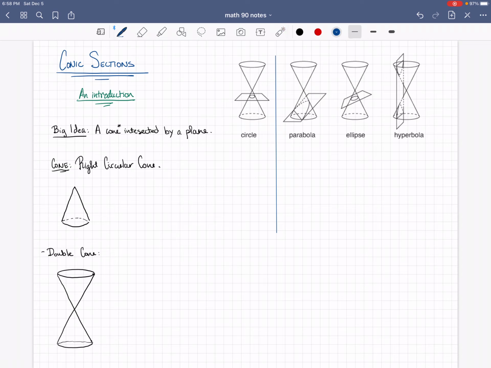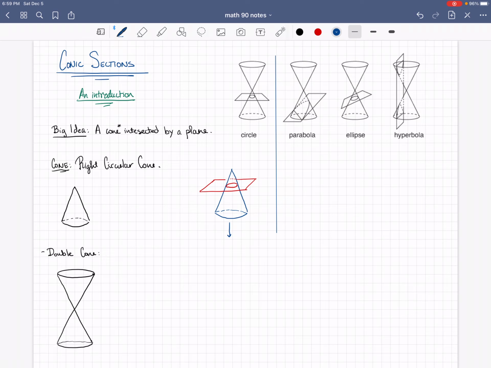So imagine yourself, I'm only going to draw pictures for a few of these, but imagine yourself taking this. You're taking your cone, there's your cone, and then you're taking your plane like so. So it's a flat plane. And then what you're doing is you're noticing what is the shape of the cut. Okay, so it's almost as though you are taking this cone and breaking it along where the plane cut it.